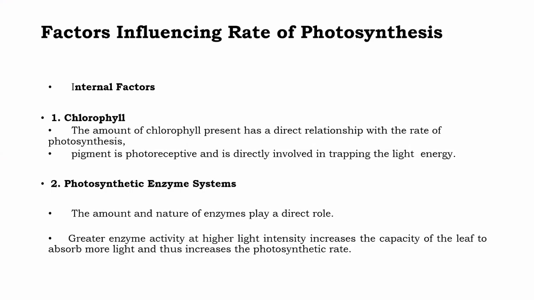So now, factors influencing the rate of photosynthesis. How many cycles have we seen up to now? Three, and chemosynthesis also, no? So the real pathways we have seen are three. What are those? C3, C4 and CAM.